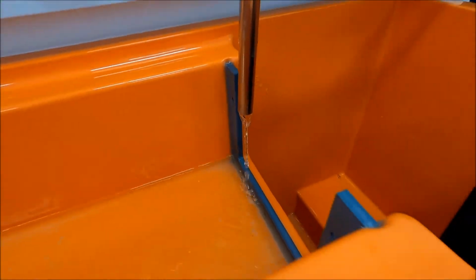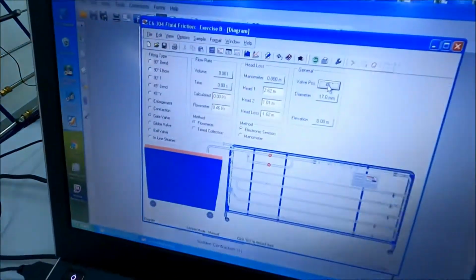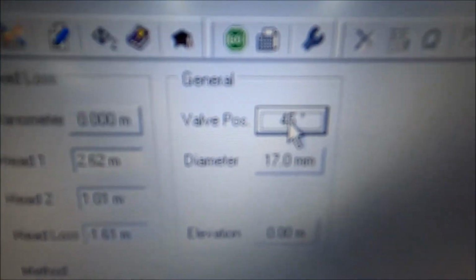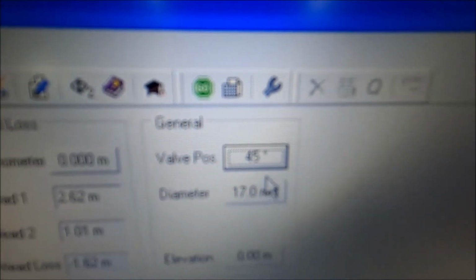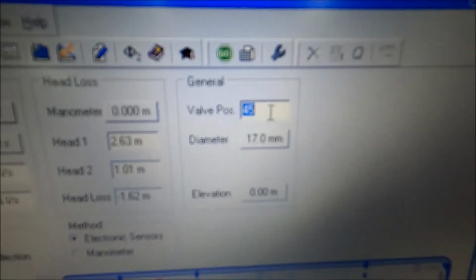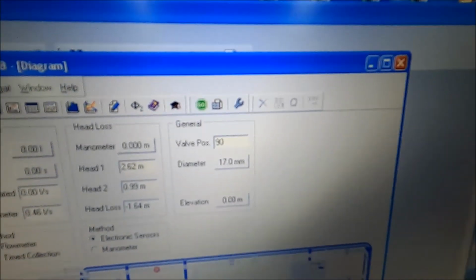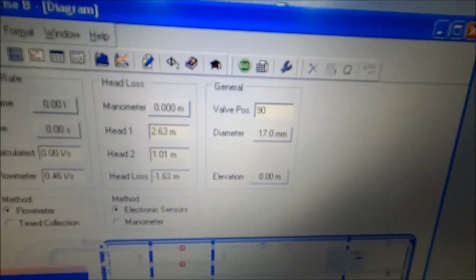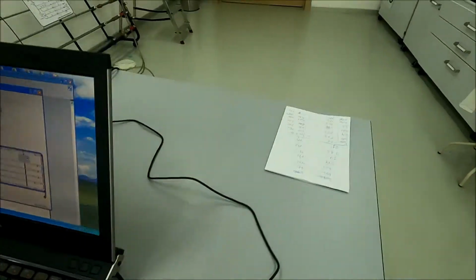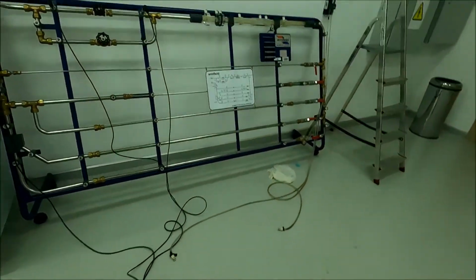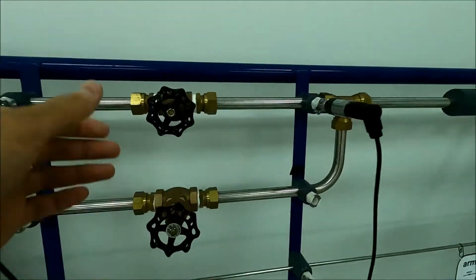There is a small water flow over here. Let's take a reading for 45 and change this by 90, to 90. The increment is 45 degrees.